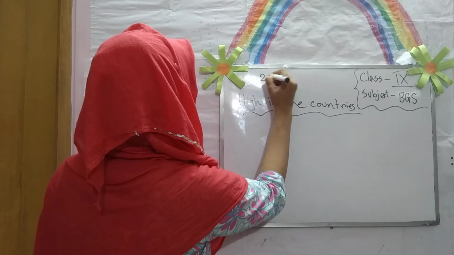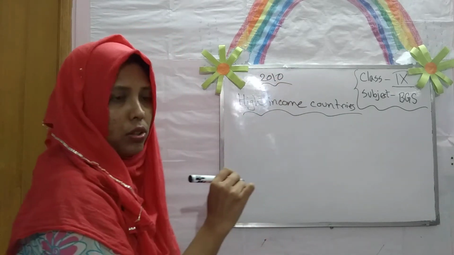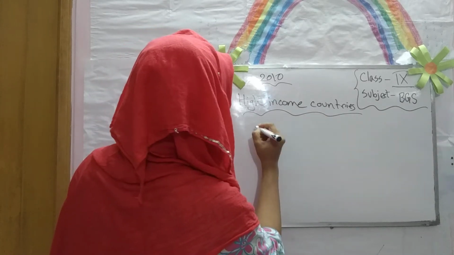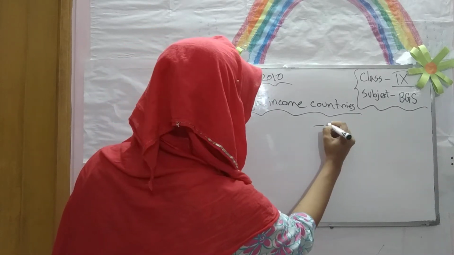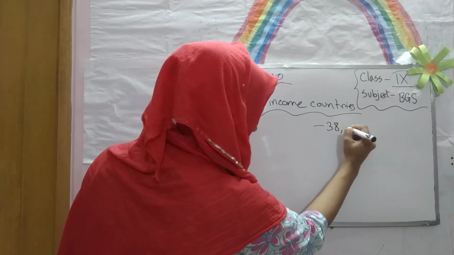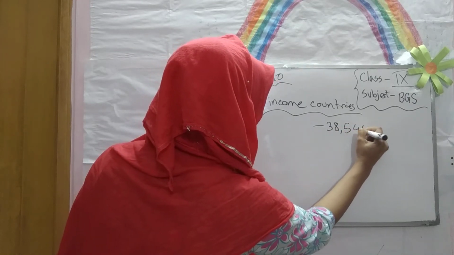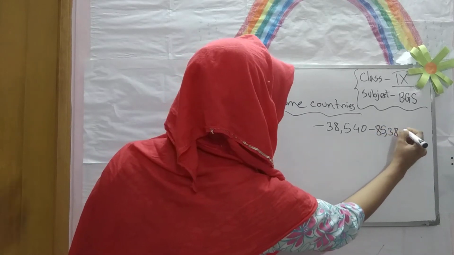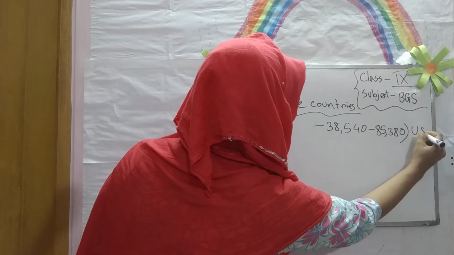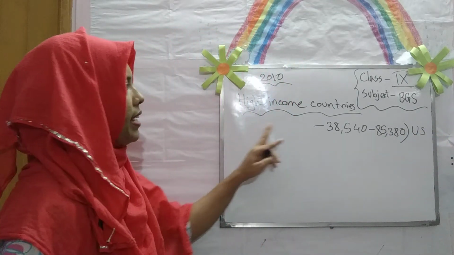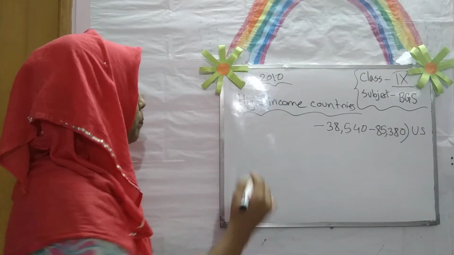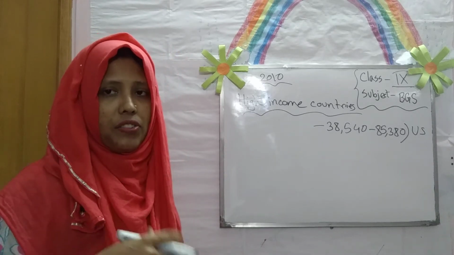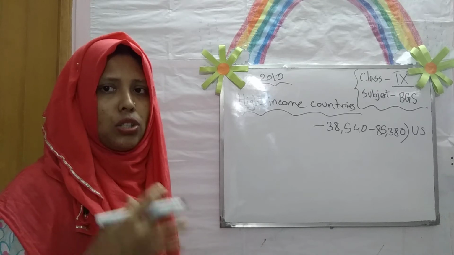According to the report of 2010, the per capita income of high income countries is 38,542 to 85,380 US dollars. High income countries means developed countries, and developing or middle income countries are divided into two types.